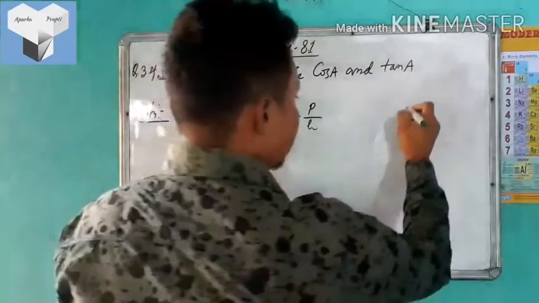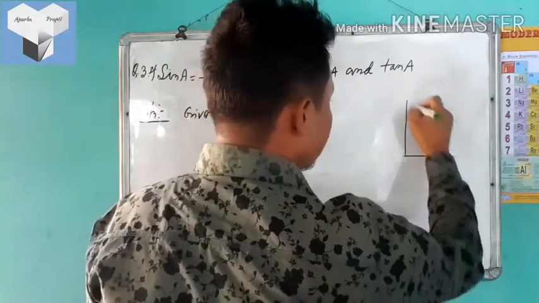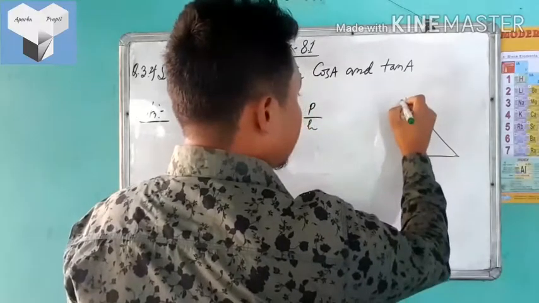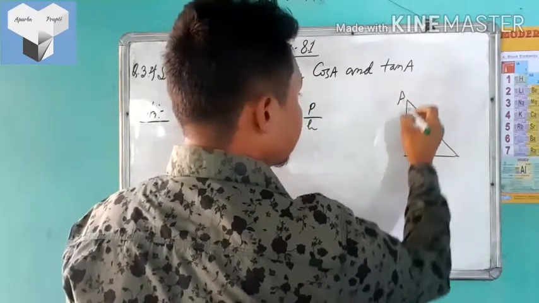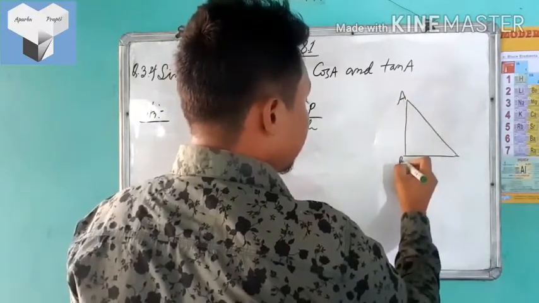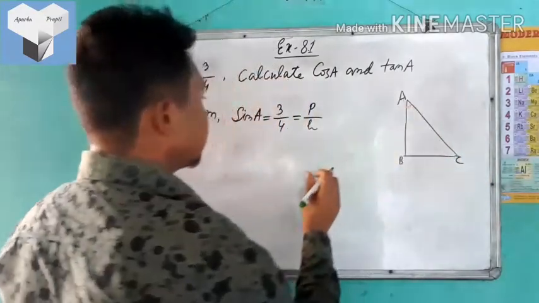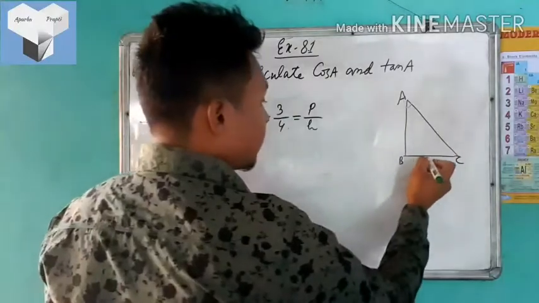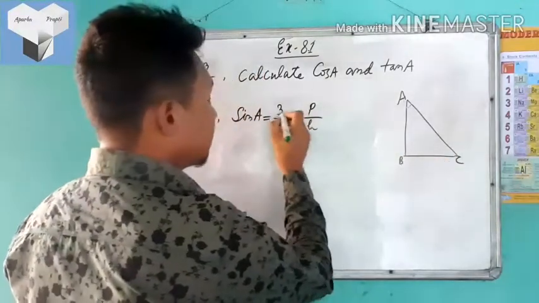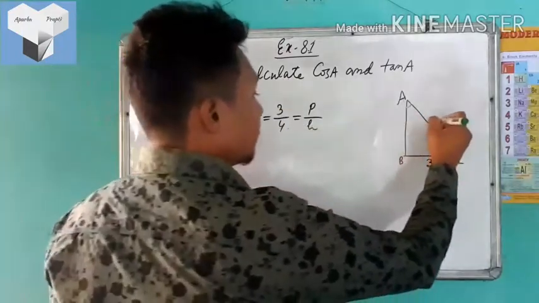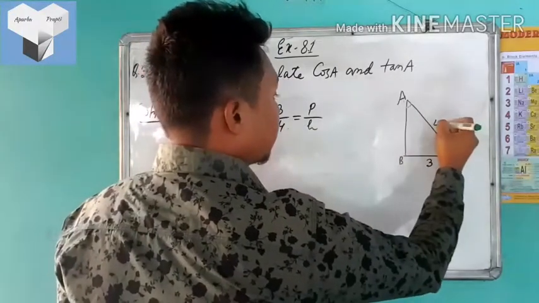So it will be like this. Suppose we are considering it as A, B, C. With respect to angle A, this is the perpendicular, and the length of the perpendicular is given 3 unit. And hypotenuse is given 4 unit.